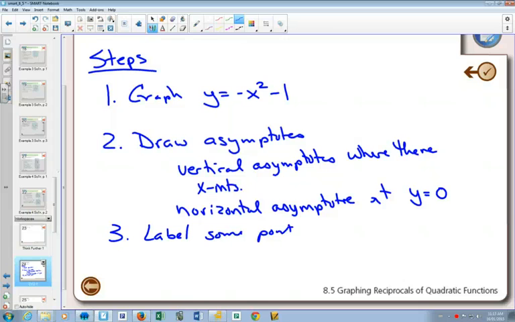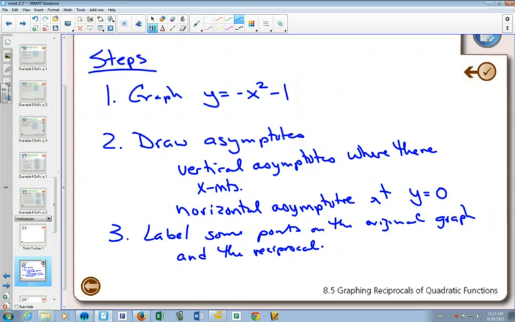We're going to label some points on the original graph. And the reciprocal. You're going to label one in each section depending on how many asymptotes you have. You're going to label at least one in each section.